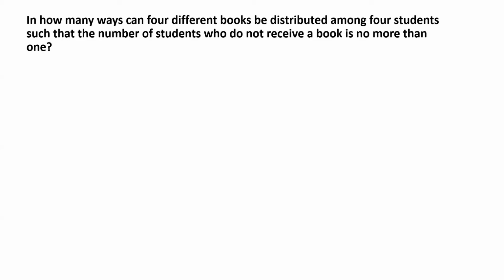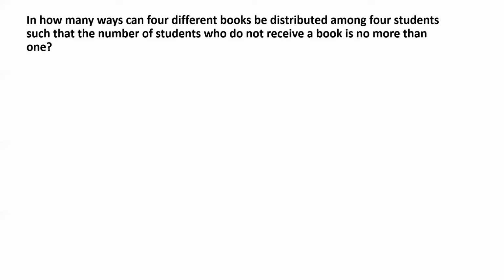Now, one thing to keep in mind is distribution doesn't necessarily mean an equal distribution. It doesn't necessarily mean that the books have to be distributed so that each student gets 1 book. The way a distribution may be described generically is, each student may get 1 book, or may get no book, or may get more than 1 book.